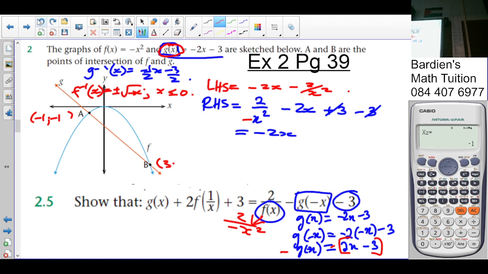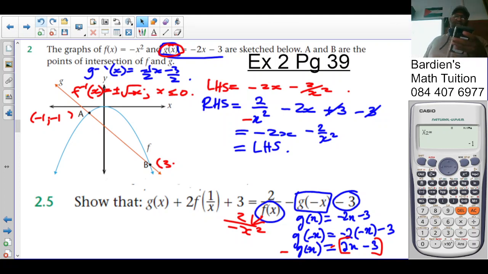I'm picking it up because I didn't manage to prove the left hand side is equal to the right hand side. In a show that question, you prove that the left hand side is equal to the right hand side. So that is equal to negative 2x minus 2 over x squared, which is in turn equal to the left hand side.